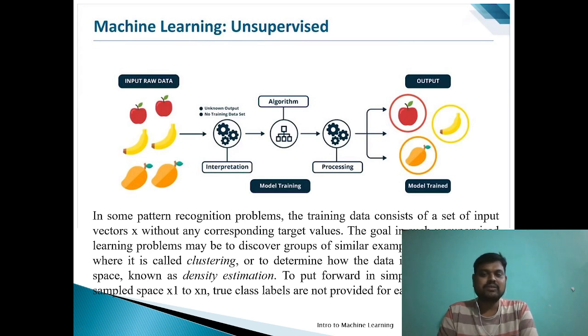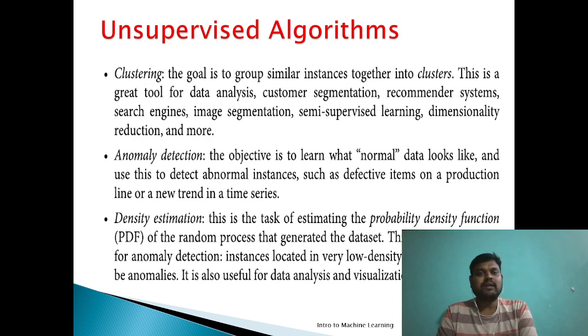So how the data is distributed within the group is called density, or population, right? Unsupervised algorithms are broadly classified into clustering, anomaly detection, and density estimation, right?